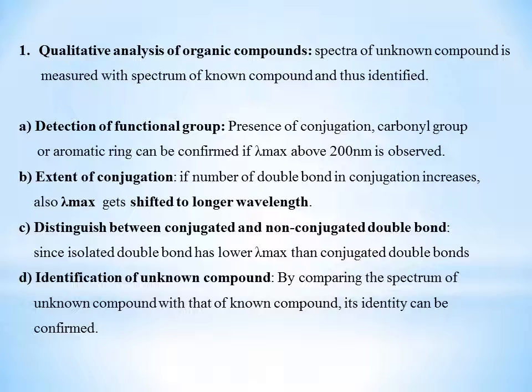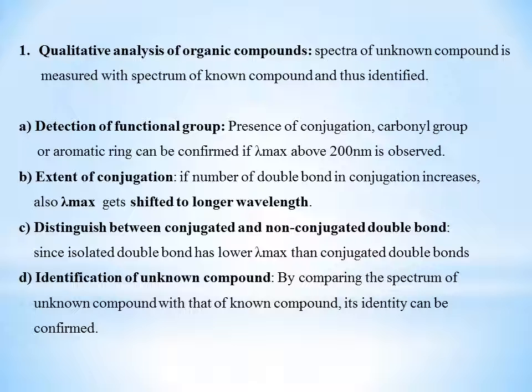Here what is done? Spectra of a number of known compounds are measured, then the spectrum of our unknown compound is measured, and then it is compared with the spectra of the known compounds. Depending on that comparison, the structure of our unknown compound can be identified. On what basis is it done? First it is detection of functional group. Which functional group is there?